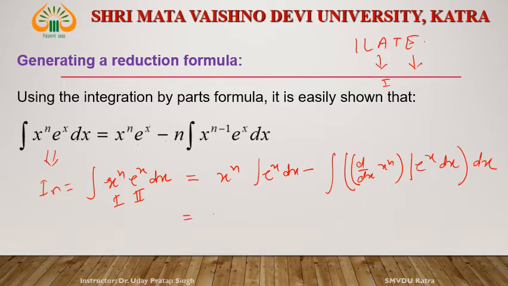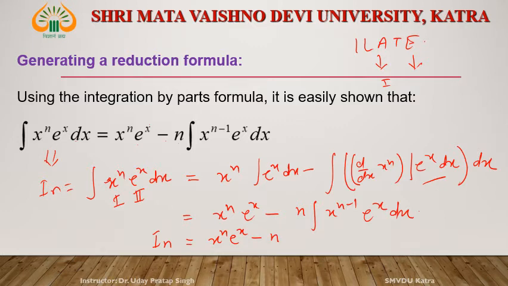Then this is equal to x to the power n e to the power x minus n into integral of x to the power n minus 1 times e to the power x dx, since the integral of e to the power x is e to the power x. So In is equal to x to the power n e to the power x minus n into, what is this integral? This integral is In minus 1. So this is the reduction formula.